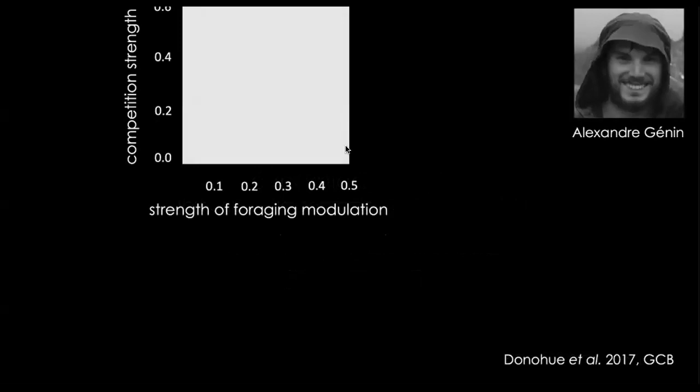So here, in this figure, you'll see the outcome of the simulation for an increasing strength of foraging modulation on the x-axis and increasing competition strength on the y-axis. And what Alexandre did is that he replicated exactly what happened in the field experiments.